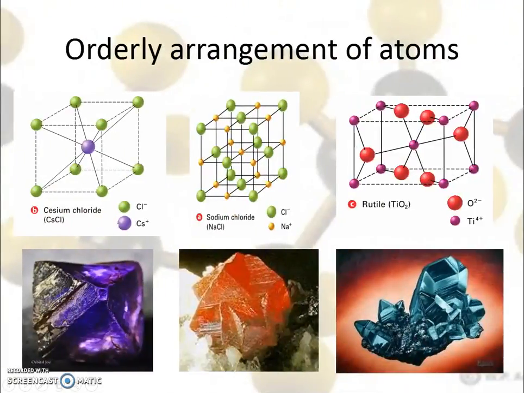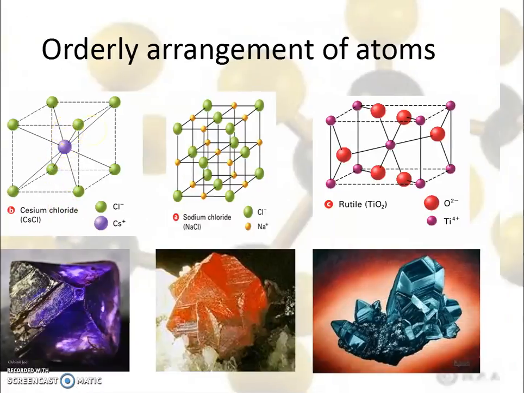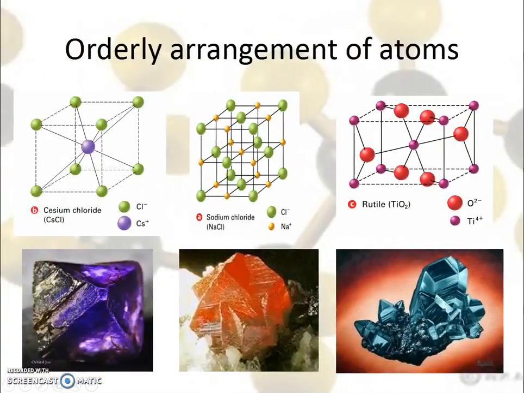So how are ionic compounds organized? They're organized very neat, very structured, and very orderly. You can have different types of structures here. You have your cesium chloride, which has the 1 cesium metal atom on the inside, and then all of the nonmetals are structured around it.